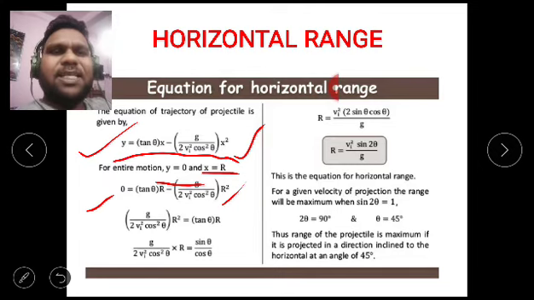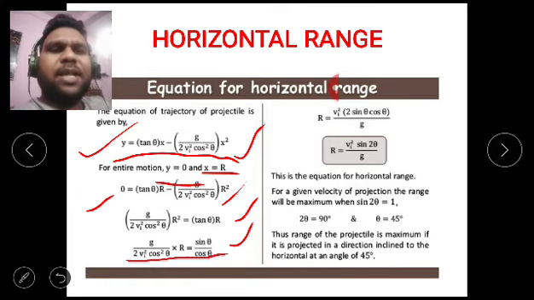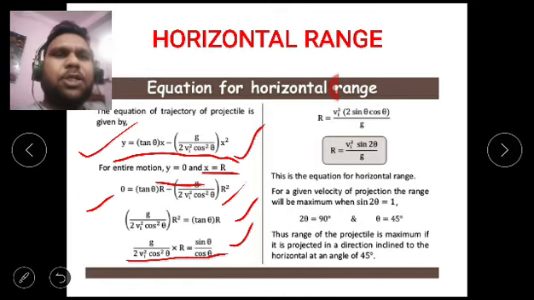You will get g upon 2v square cos square theta into R square is equal to tan theta into R. Now we know that tan theta is equal to sin theta upon cos theta, and we will cancel R on both sides. So we will get g by 2v square cos square theta into R is equal to sin theta upon cos theta.